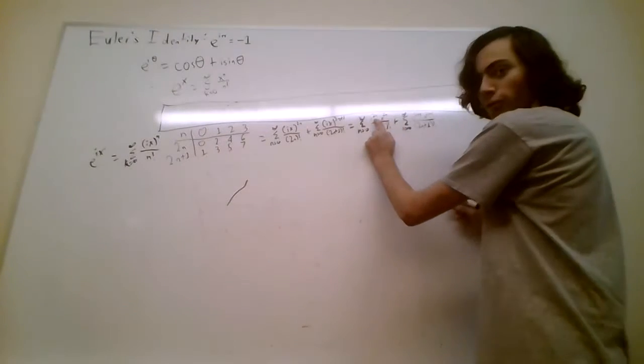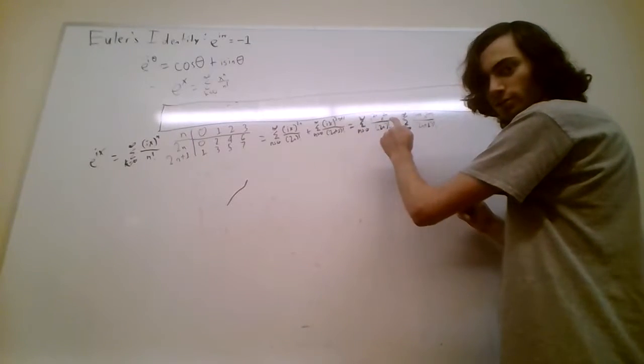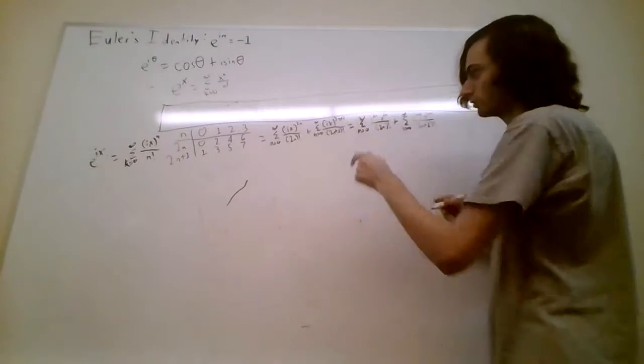Next, we know with an exponent we can turn this i to the 2n into i squared to the n. So I'm going to do that just for this one right now.